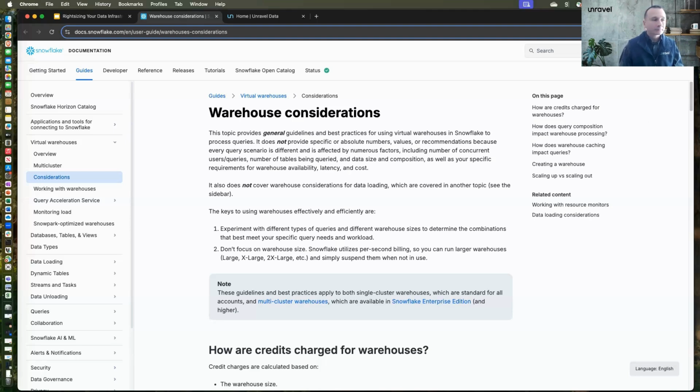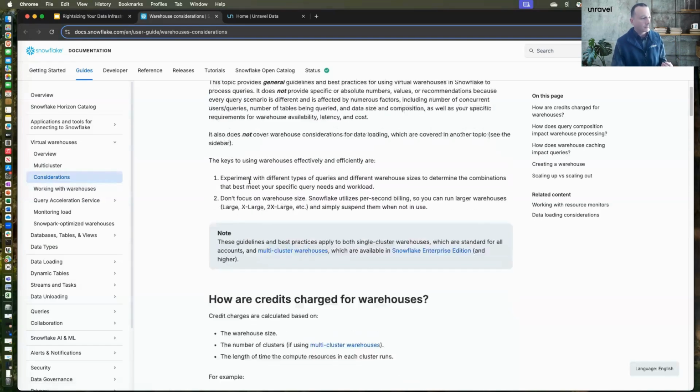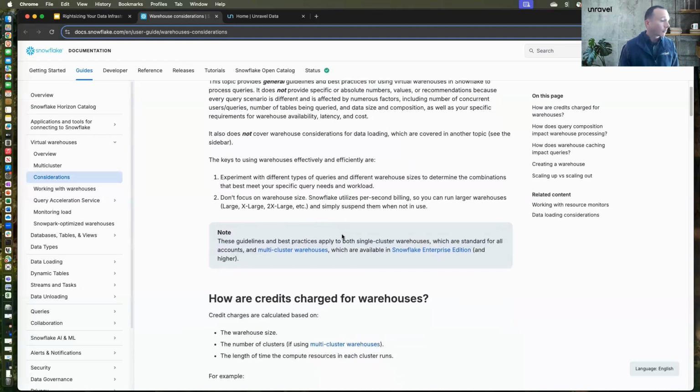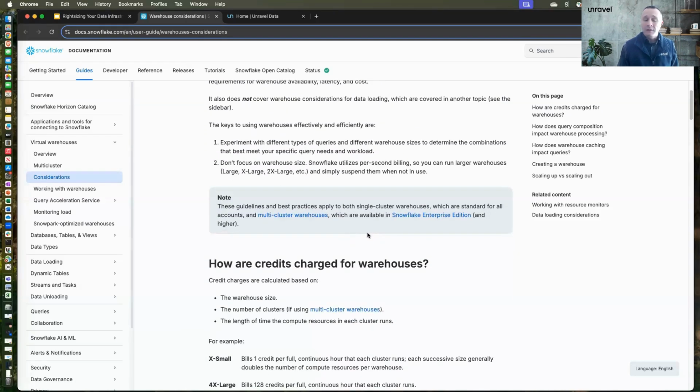There's a lot to consider, by the way, and a lot of information in this documentation. I'm just going to start on this considerations subsection. Again, a wealth of information. So things like, how are my credits being charged for the different warehouse types, which is important. We need to be cognizant of that.